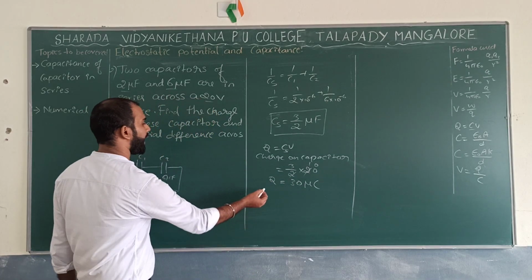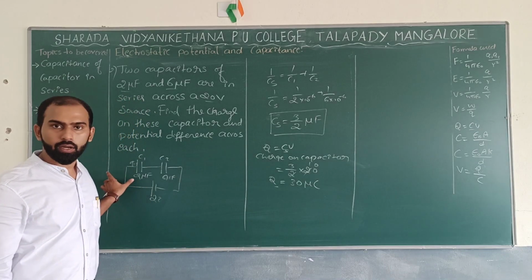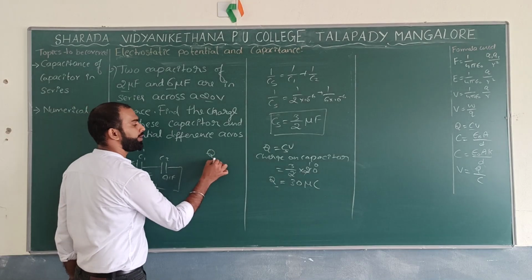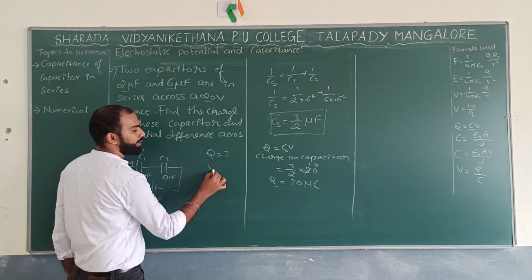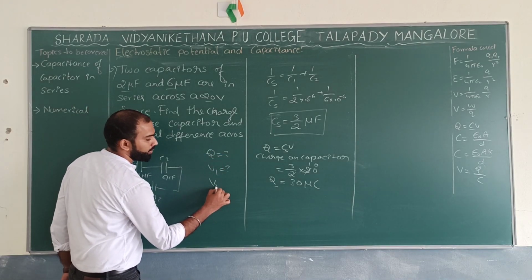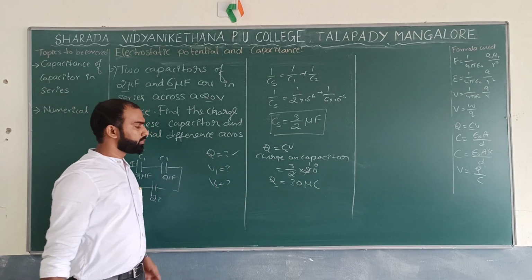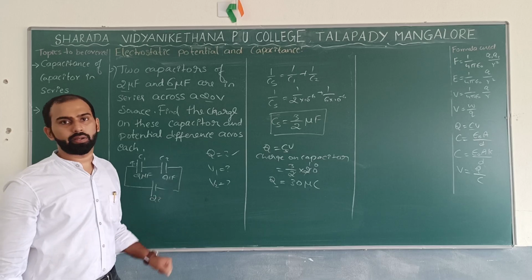Now, if we have the charges, can't we get the potential difference across each capacitor? Initially we don't know Q, V1 or V2. Now Q we have got, and V1, V2 we are supposed to get. Correct?